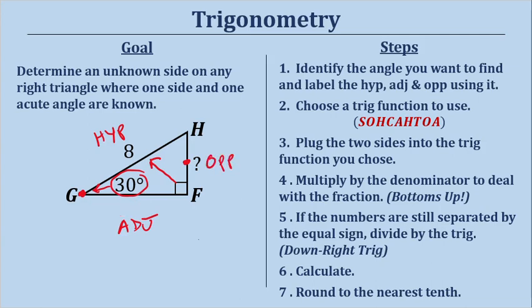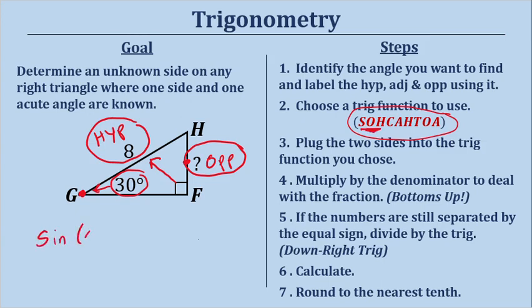From here, we use these labels to choose one of our three trig functions. Because the opposite is what I want, I have to use it. The hypotenuse is what I know, so I'm going to use it. The adjacent is blank, because 30 is the angle. That makes the adjacent useless, so I'm going to skip the adjacent entirely and only use opposite and hypotenuse, which means I'm going to use sine, because sine of my angle is opposite over hypotenuse.